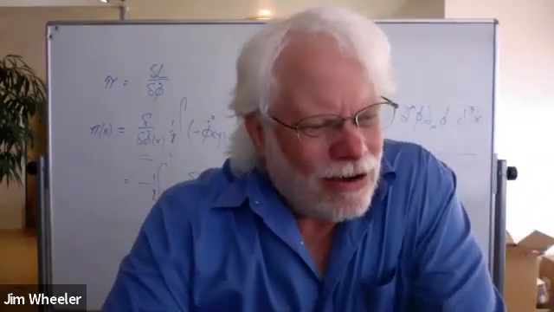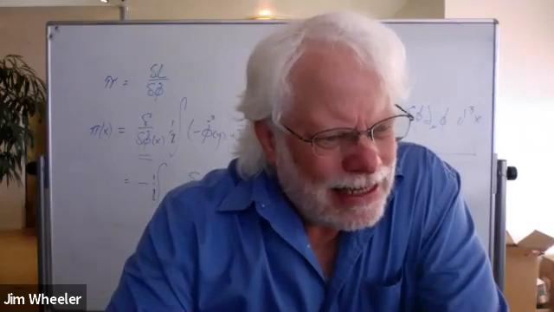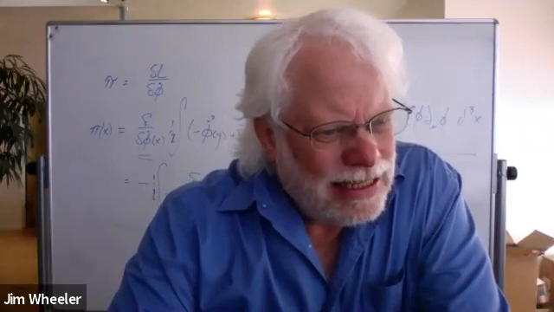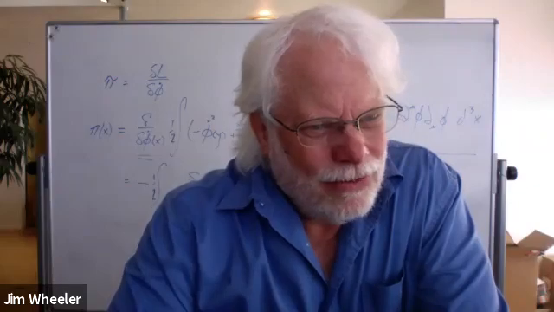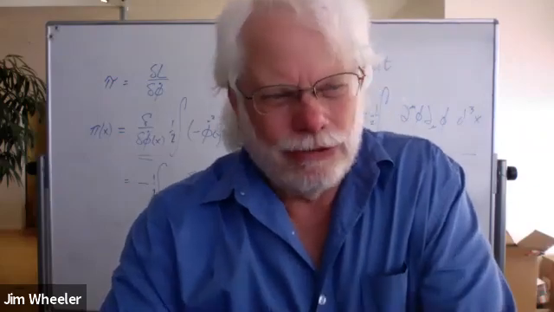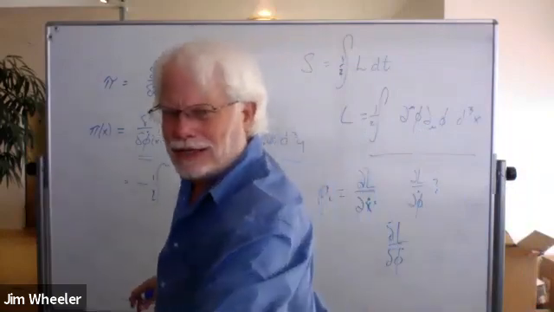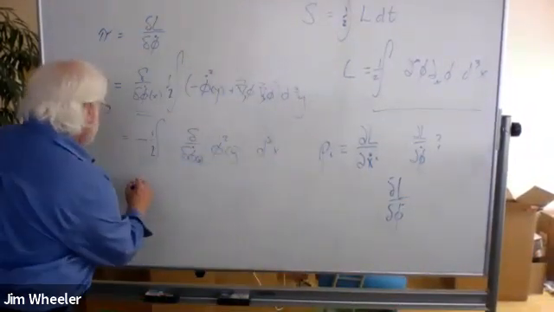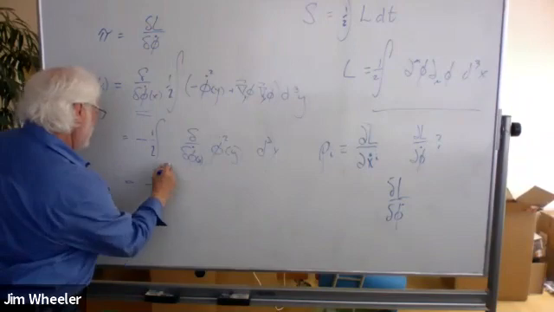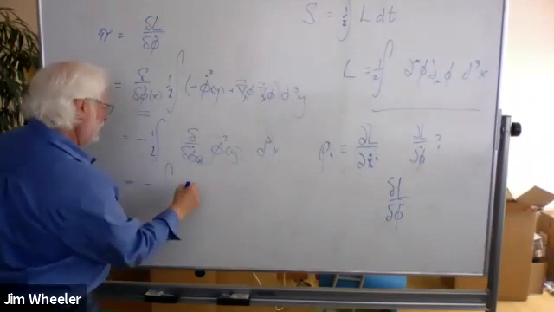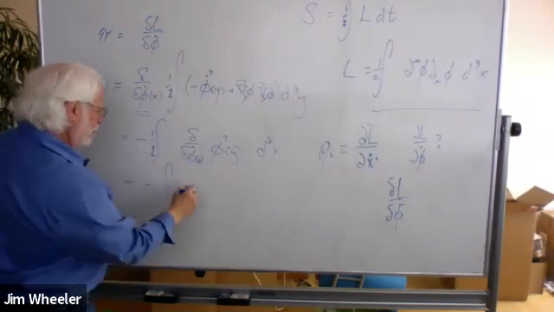Any trick to doing this? Not really. We get 2 phi dot as a result, but we're still left with the variation of one of these. So we get a 2, which cancels the half.